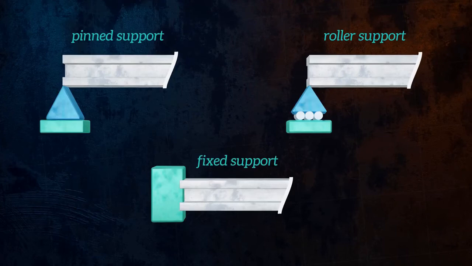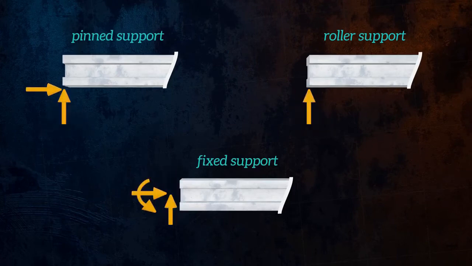So this support has a single reaction. Finally, the fixed support prevents all displacements and rotation. So we can say that the fixed support provides restriction against horizontal movement, against vertical movement, and against rotation. So it will have three reactions.